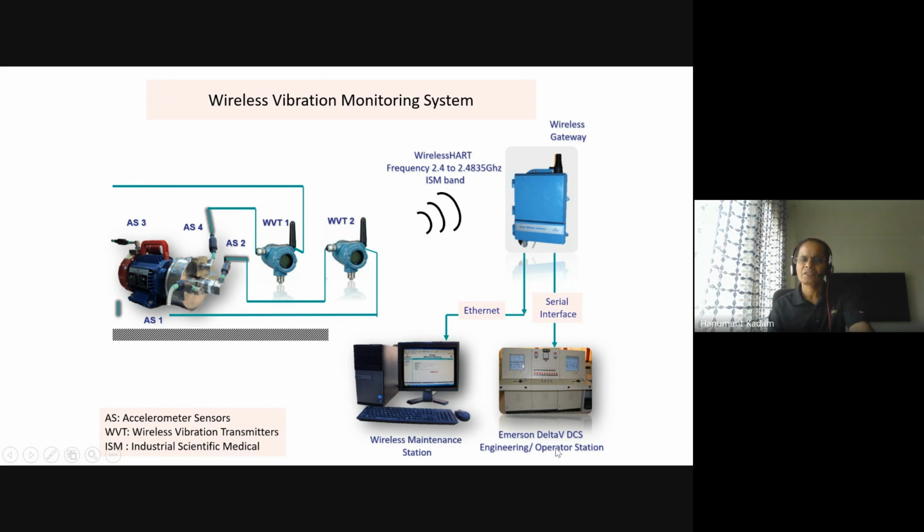In this picture there is an Emerson DeltaV DCS, and this is a wireless maintenance station. So nowadays wireless vibration systems exist. My point was you should know about this. That was my objective in giving you this advanced picture.